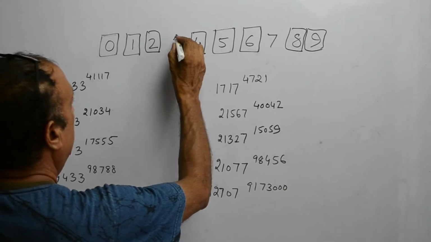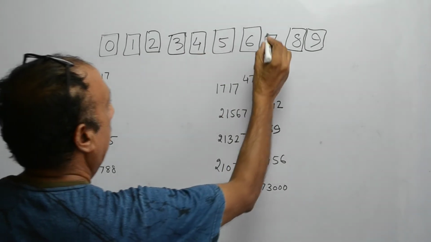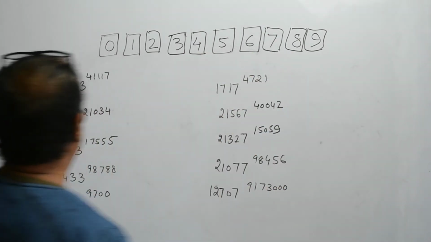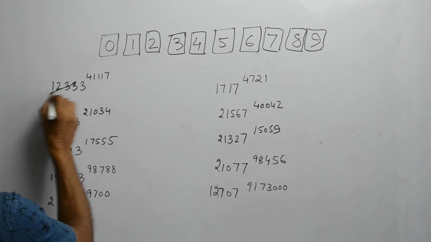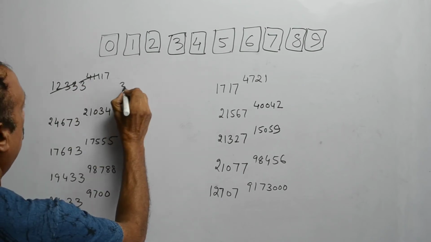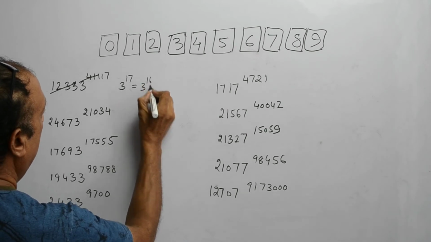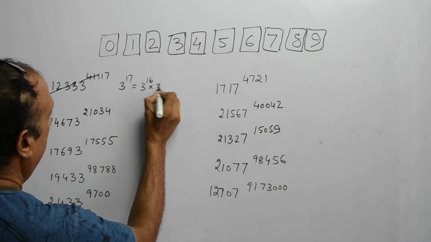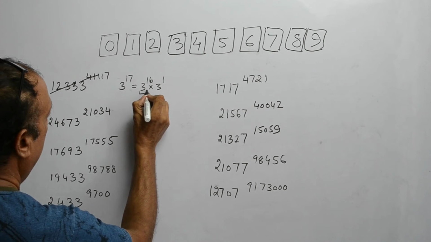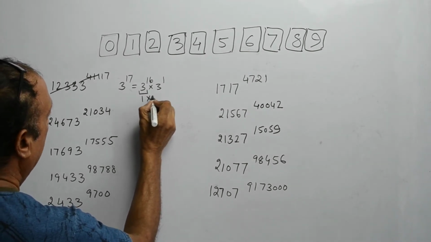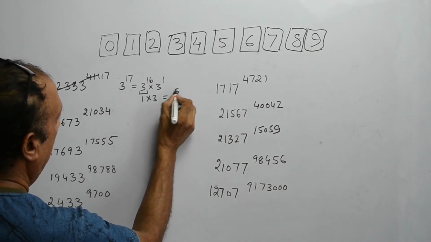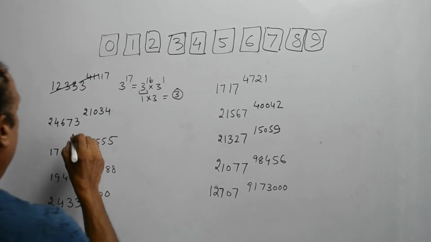Now we are left with 3 and 7. So we have to find out 3 raised to power 17, which is equal to 3 raised to power 16 into 3 raised to power 1. This portion will give us 1 multiplied by 3. The last digit of this expression will be 3.